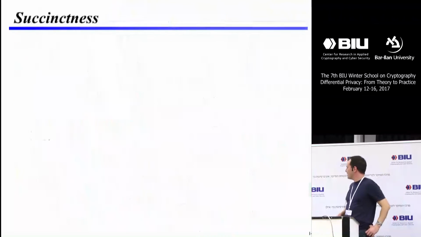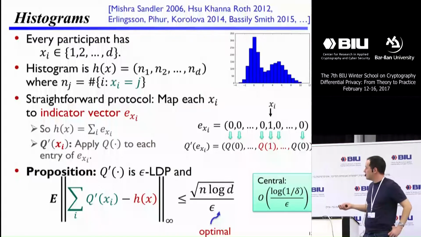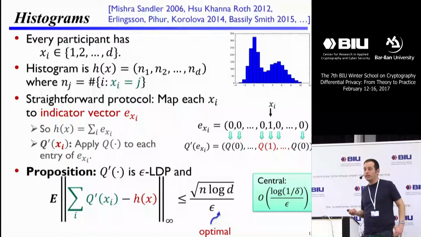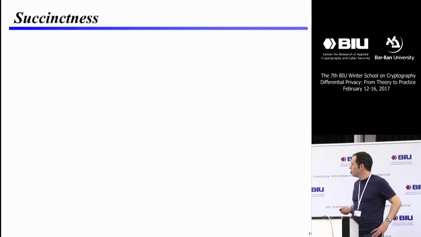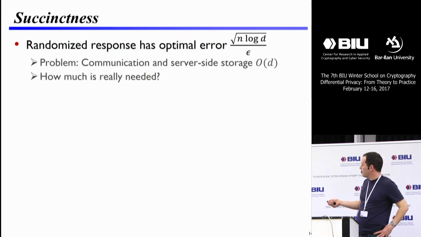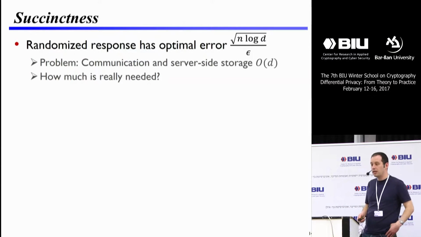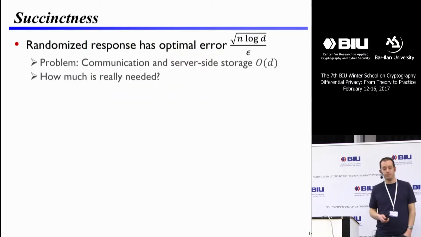So one thing that this does not provide, and that we could hope for, is succinctness and efficiency. This has optimal error, but the problem is that the communication and the server-side storage are order of d. So we might ask, how much space is really needed for this problem?